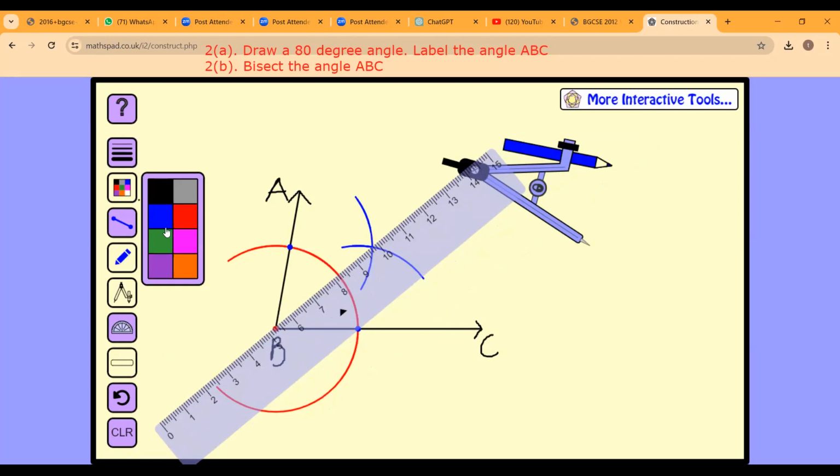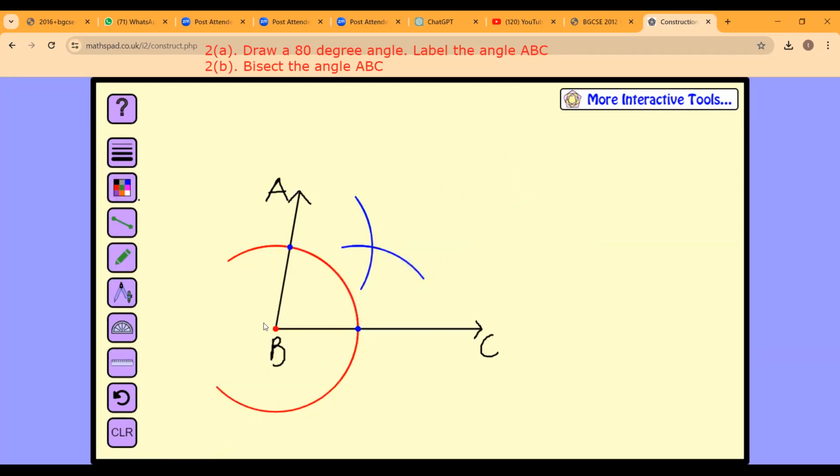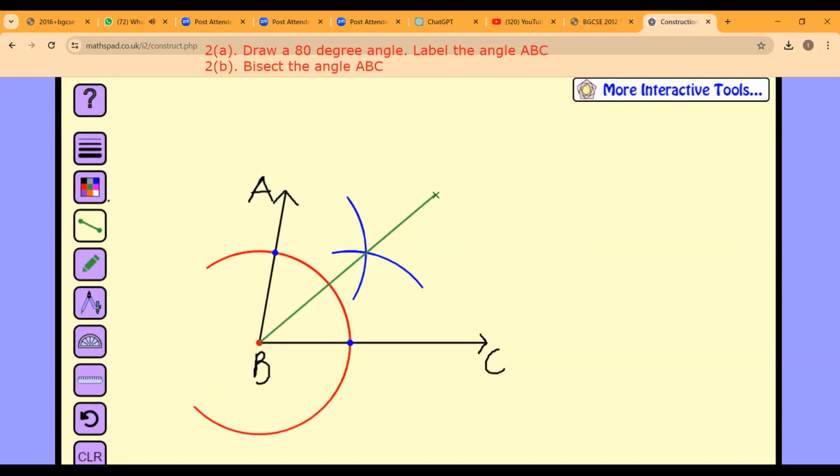Let me use a green color. Smooth this. So it's gonna be right here. I'm gonna draw a line that goes directly in the middle, like so. All right. And so this is how we bisect this particular angle.